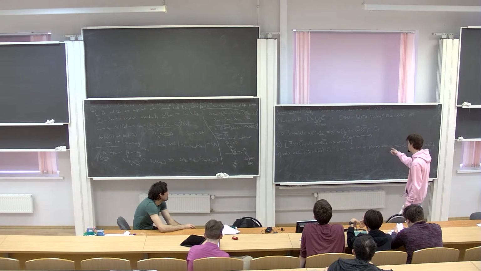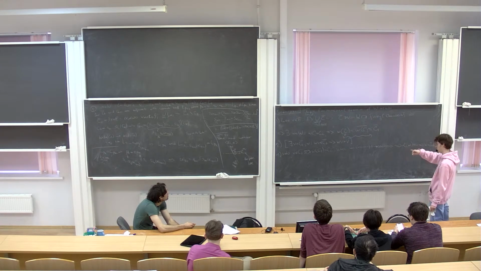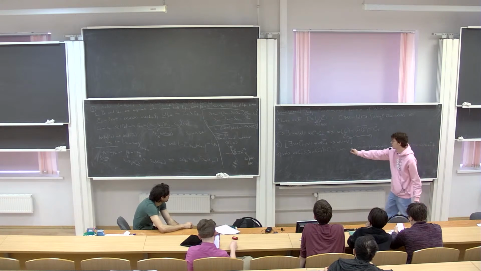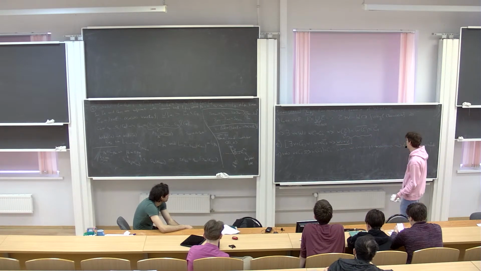By the previous task, it means that the length of this automorphism is 0. That's why it is identity, and this equality is satisfied.